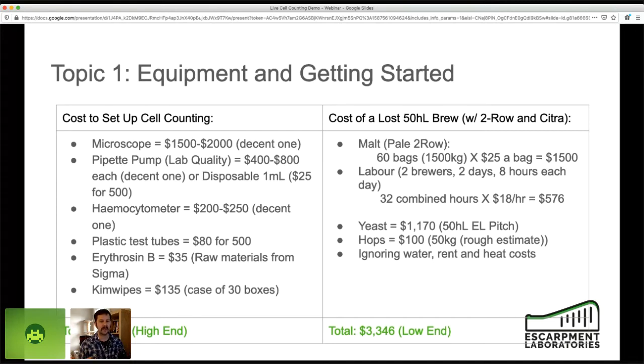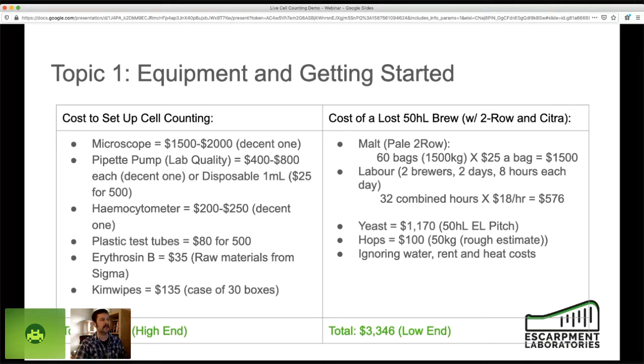Yeast, which is dated, so the price for our yeast has actually gone up: $1,170 for a 50 hectoliter pitch of Escarpment Labs yeast, and then $100 in hops, which is about 50 kilos, and that's a rough estimate. And in this, we're excluding things like water consumption, rent, heating, energy, and all that kind of stuff.